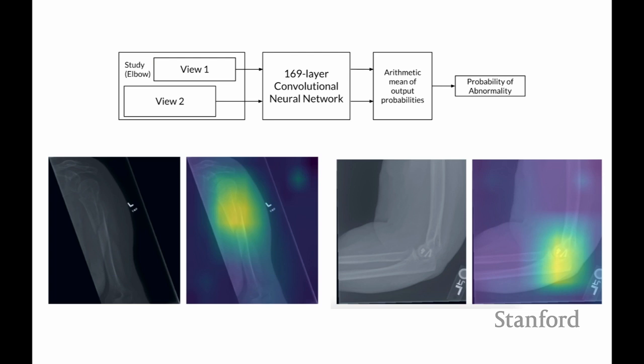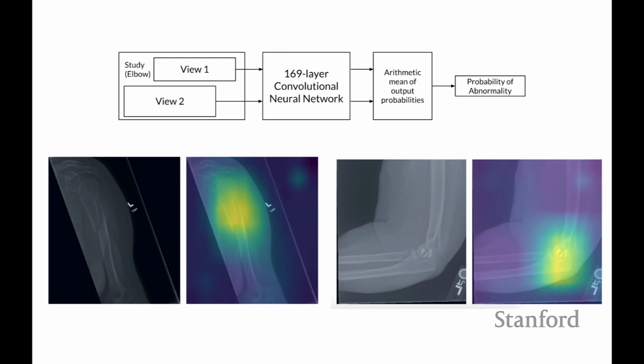And the goal is to be able to combine these well into a convolutional neural network and be able to output the probability of abnormality. And one of the interesting things here for transfer learning as well is, do you want to train the models differently per body part, or do you want to train the same model for all body parts, or combine certain models? So a lot of design decisions there.